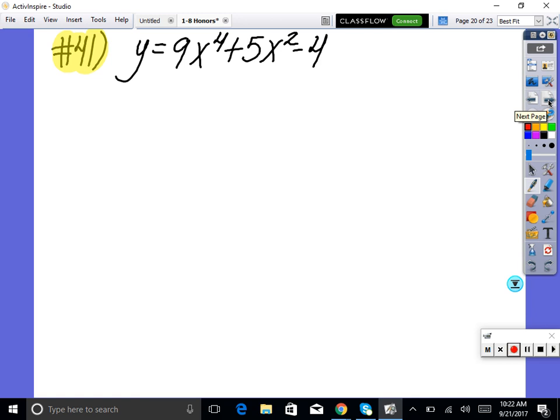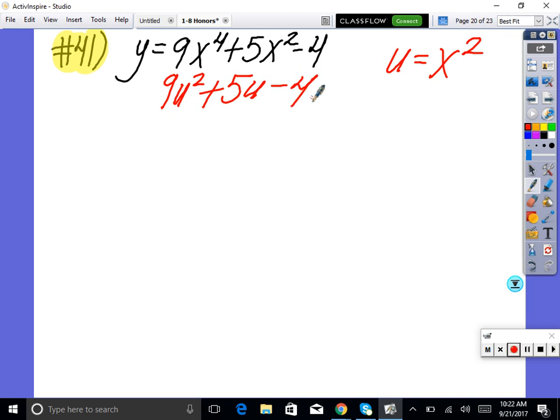You could do this one by P over Q, but if you did, you would be a sad person. Because what should we really factor this by? U substitution, you're right. So let's rewrite this. This is really 9u squared plus 5u minus 4 if we do a u substitution here. And now we'd say, okay, let's factor the quadratic. What multiplies to be -36 and adds up to be 5? 9 times 4, -4.